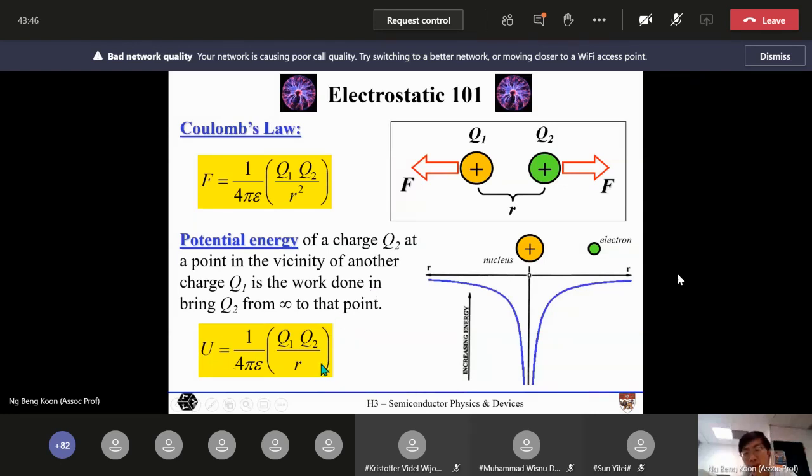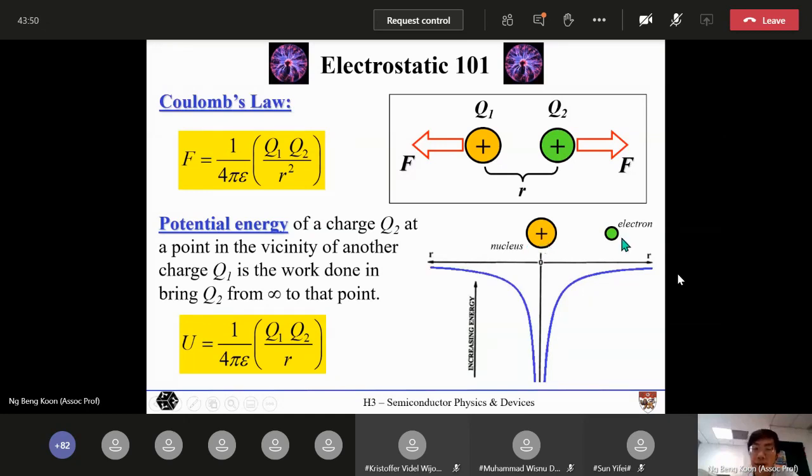If you look at an atom, like a nucleus with positively charged protons, and say I want to sketch the potential energy of these electrons in the field of this positive charge in the nucleus, you know that it is inversely proportional to the separation. If you sketch it, you get this 1/R relation on both sides. So that's the potential energy of this electron in the vicinity of the nucleus in the atom. That's under electrostatics.